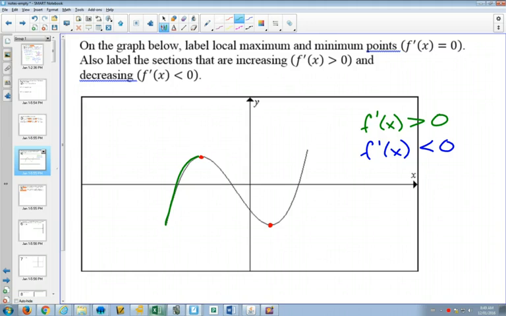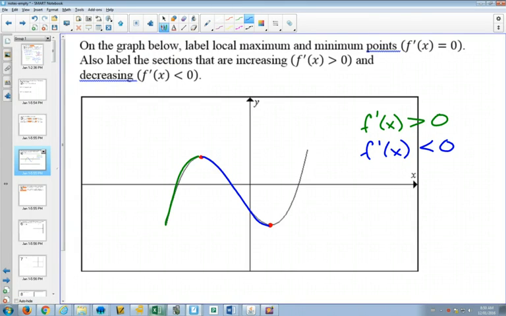Then if we go in between our local maximum and our local minimum, any tangent that you would draw in this section would have a negative slope. And so we can label this section in blue, and we notice that that blue section is decreasing from left to right.